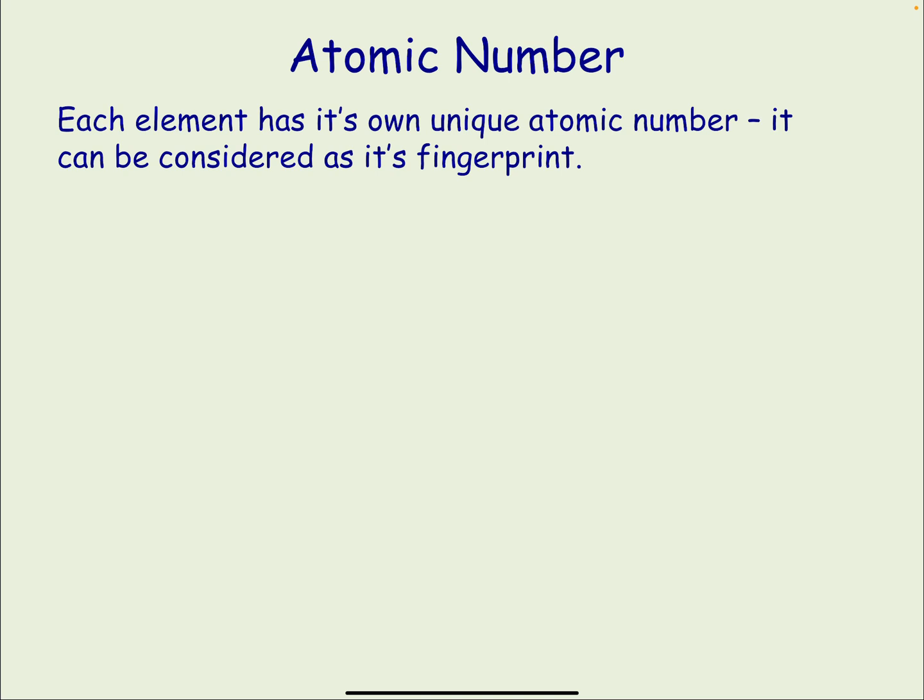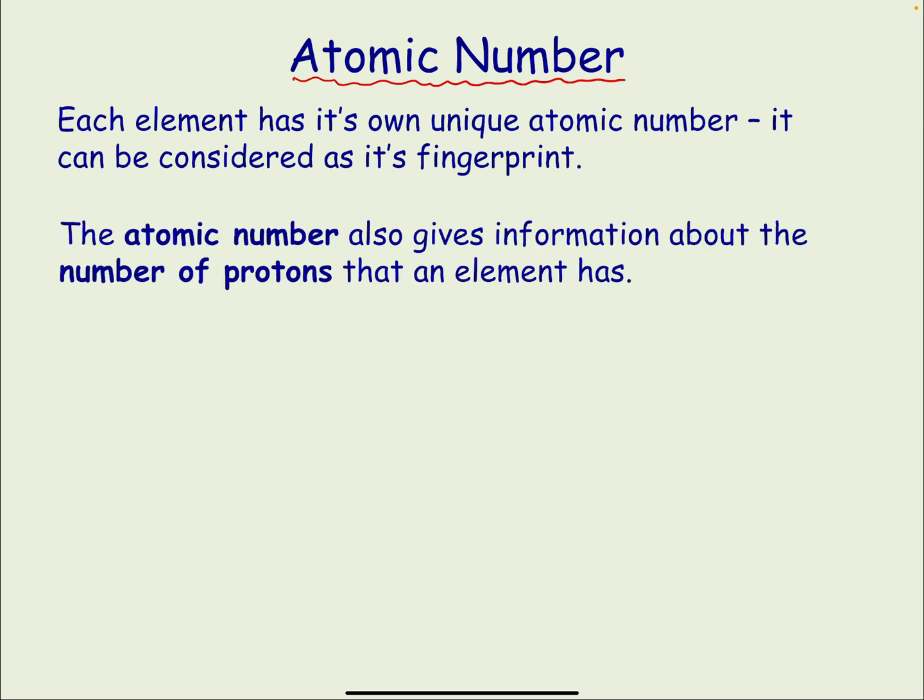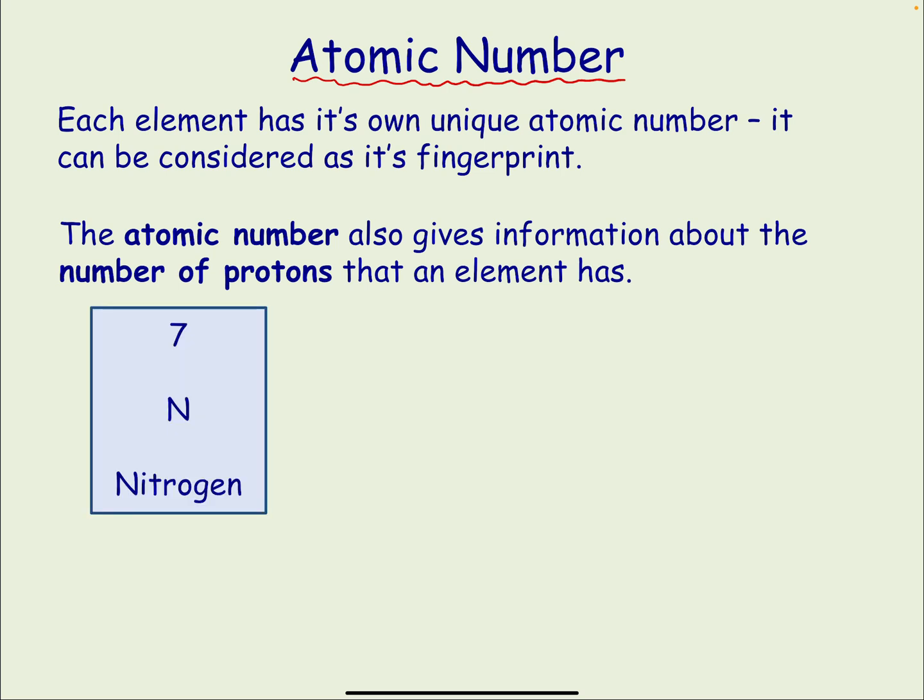Now let's go back to atomic number. I've already described that each element has its own atomic number, and it's like its own fingerprint, and it gives us information about that. So nitrogen has got the symbol N. It's the 7th element in the periodic table, and what that tells us is that it has 7 protons.